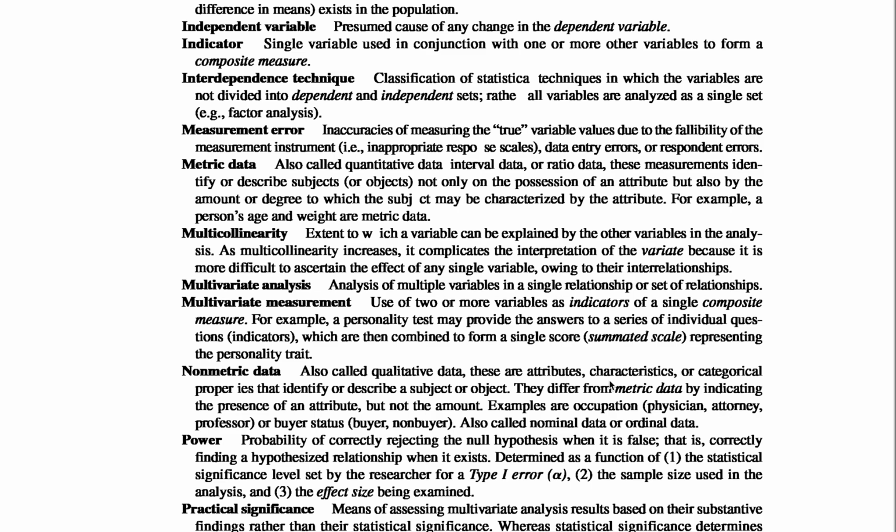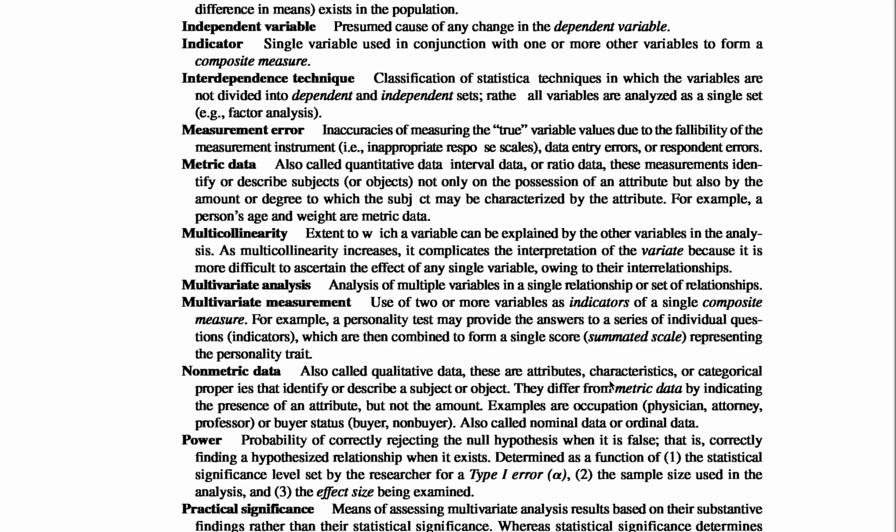Metric data, also called quantitative data, interval data or ratio data. These measurements identify or describe subjects or objects not only on the positions of the attribute but also by the amount or degree to which the subject may be characterized by the attribute. For example, a person's age and weight are metric data.